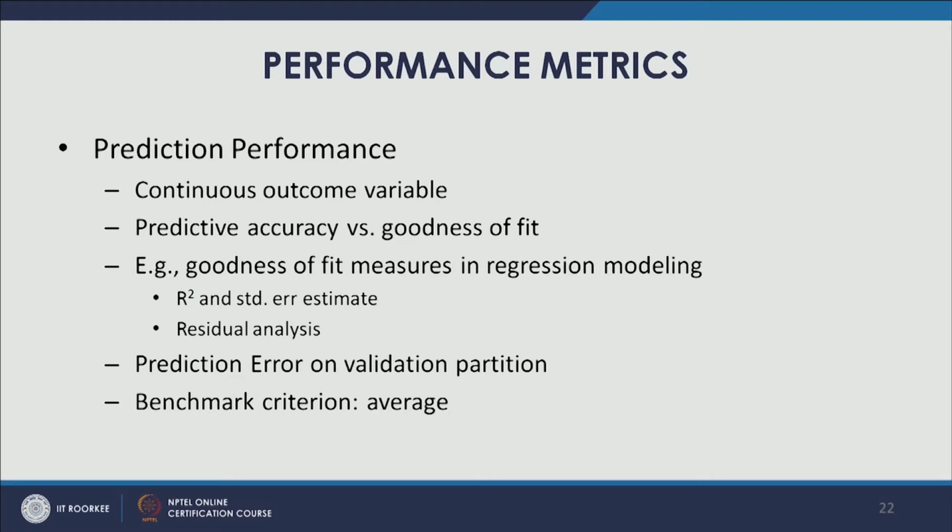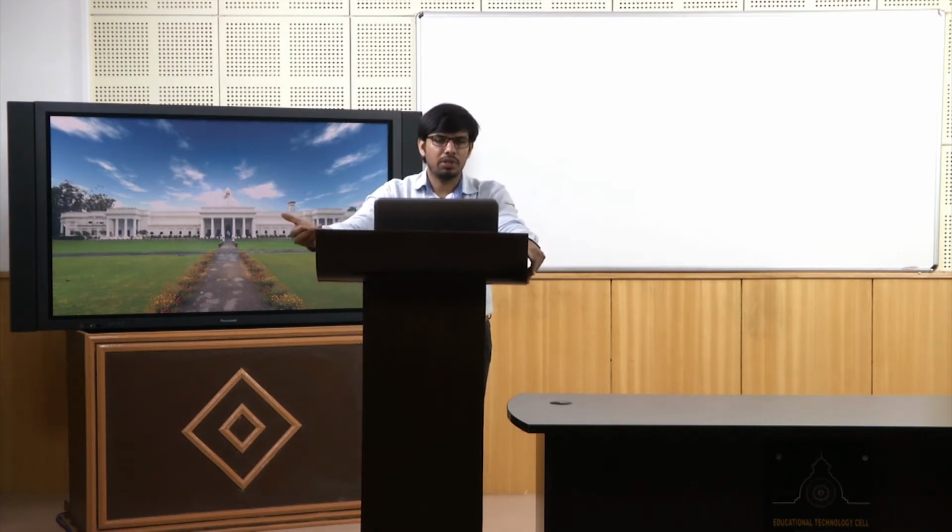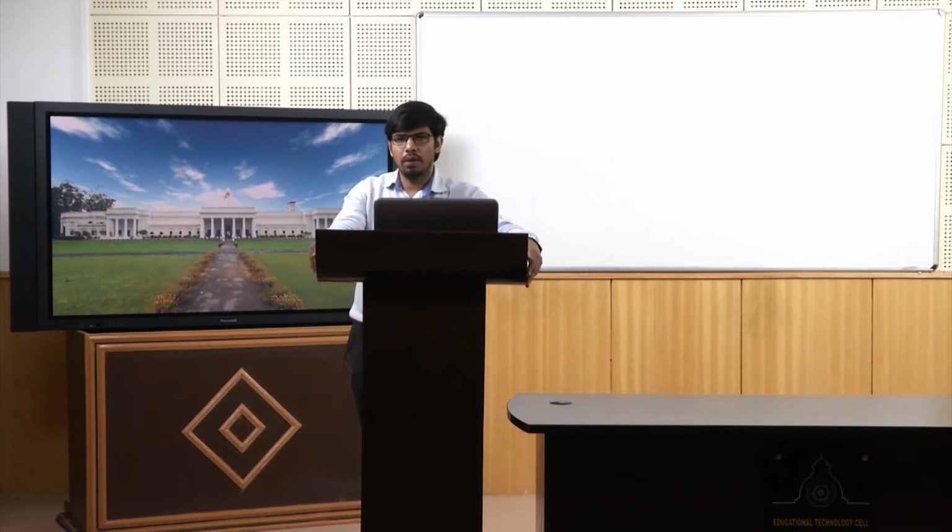R square, as we have talked about before in the supplementary lectures, in a way captures the variability in the outcome variable, that is, how much variability in the outcome variable is being explained by the statistical model.